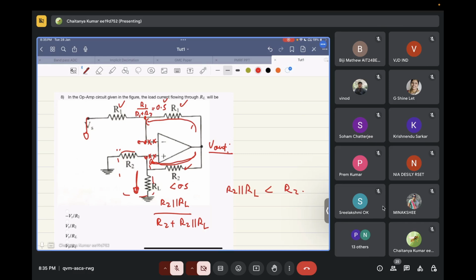Is this clear? What would have happened if instead of this RL being connected to ground, this connection was not there and we had RL like this? Will the op amp still be in negative feedback?